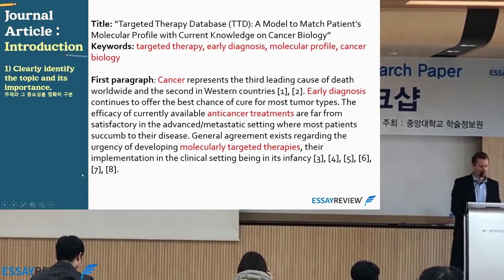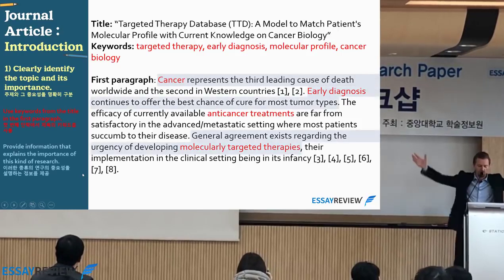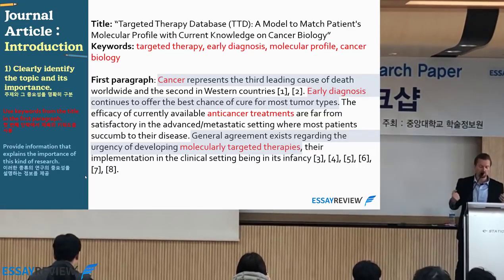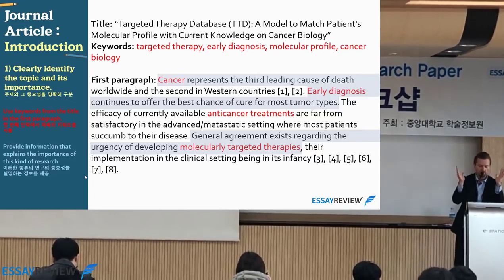They've also provided information that explains why it's important. They start off very broad, right? Cancer represents the third leading cause of death worldwide. Wow, that's really broad, and it also shows why the study is important. Then it moves to a little bit narrower: early diagnosis continues to offer the best chance for most tumors.